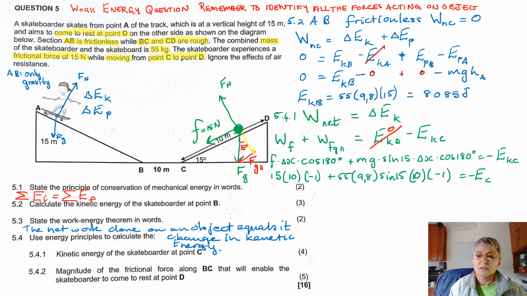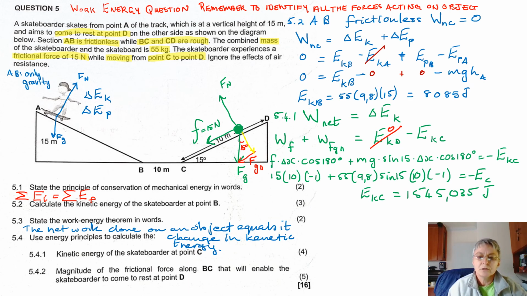And if you calculate EKC, you will get 1,545.035. You could round it to 2 decimals, joules. Right, then the magnitude of the frictional force along BC that will enable the skateboarder to come to rest at point D.